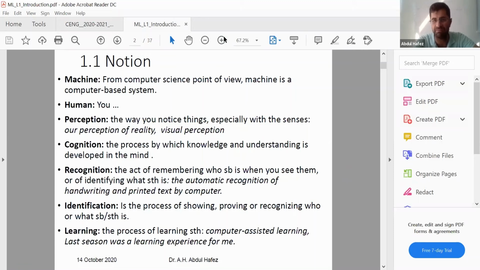I think now it is the time to check the attendance. The attendance is automatically done.